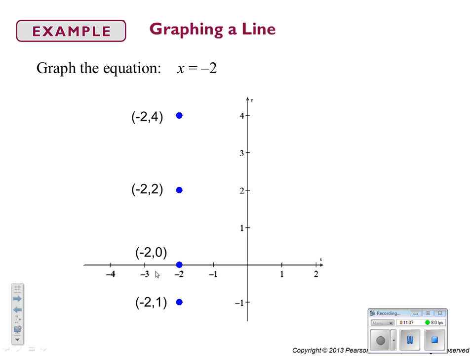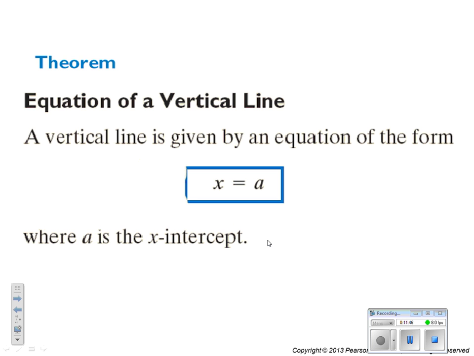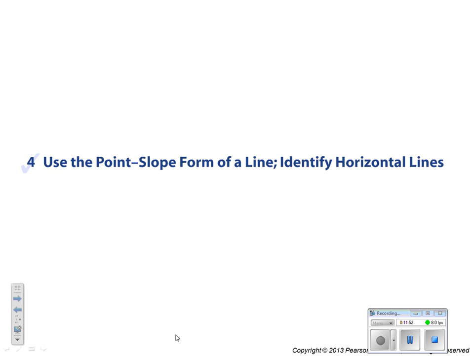So x equals -2. The way I graph it is I find x equals -2 on my graph, and then just draw a vertical line. And A is going to be your x-intercept here.